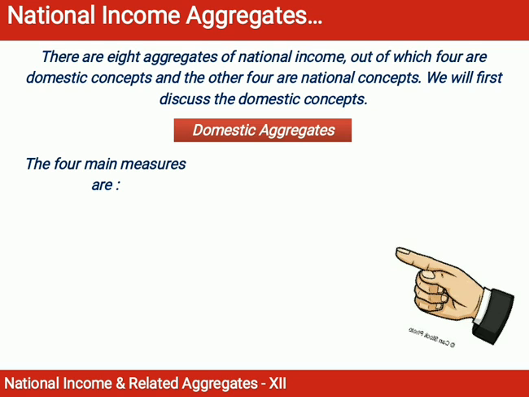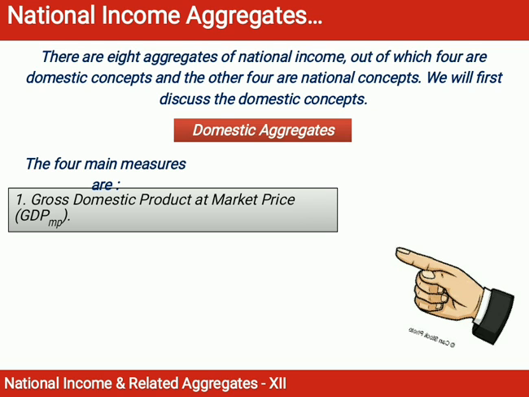The 4 main measures are, first, GDP MP, gross domestic product at market price. What is the meaning of gross? Gross in GDP MP signifies that no provision has been made for depreciation, that is, it includes depreciation. The term domestic in GDP signifies that it includes goods and services produced by all units located within the domestic territory, irrespective of whether produced by residents or non-residents.